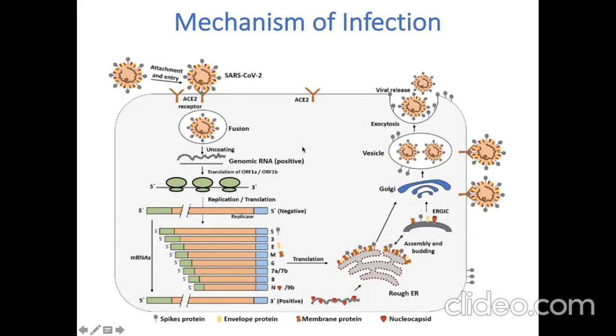The mechanism of infection of the coronavirus is pretty distinct. It basically interacts with the ACE2 receptor, particularly through the spike proteins.